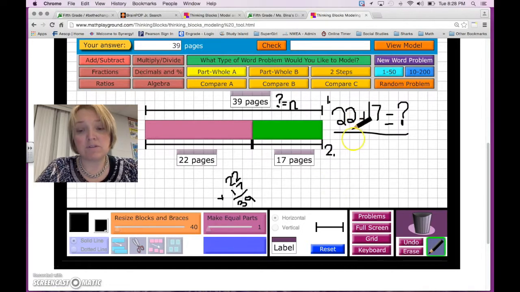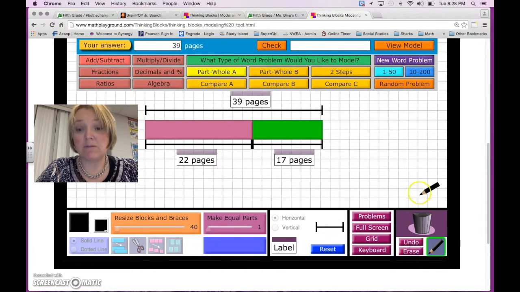So this first equation can simply say 22 plus 17 equals n. That's a really bad 1, but remember this is n, because we didn't know it before.